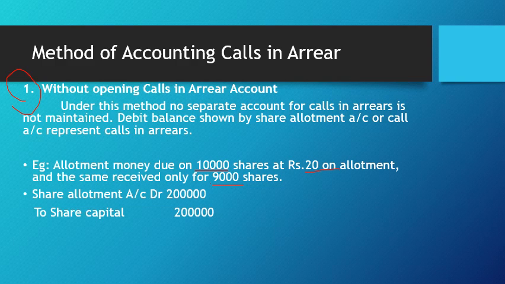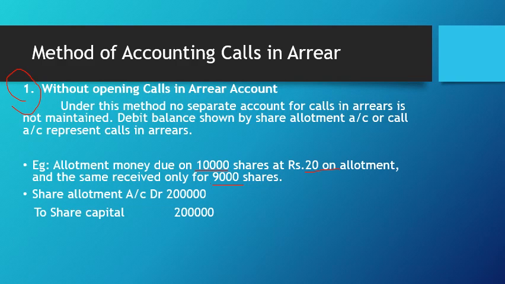Then next we have to get that allotment money of 2 lakh rupees, but there are calls in arrears. That's why we'll get only 20 into 9,000. So how much amount will we get? 20 into 9,000, 1,80,000. So what is the journal entry for receiving allotment money?